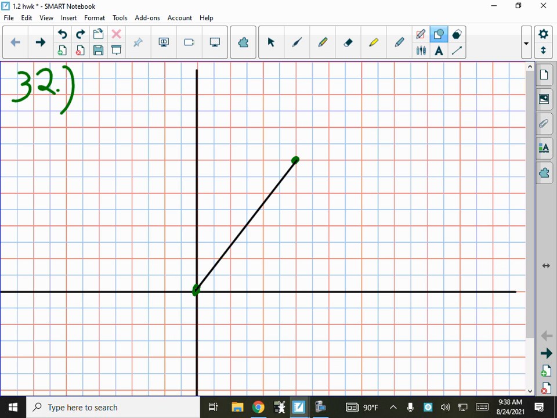Dang it, it didn't work. How do I make it go? I don't want that. I got to go to my select tool. And I want to go there. And then I want to make sure that it's parallel.